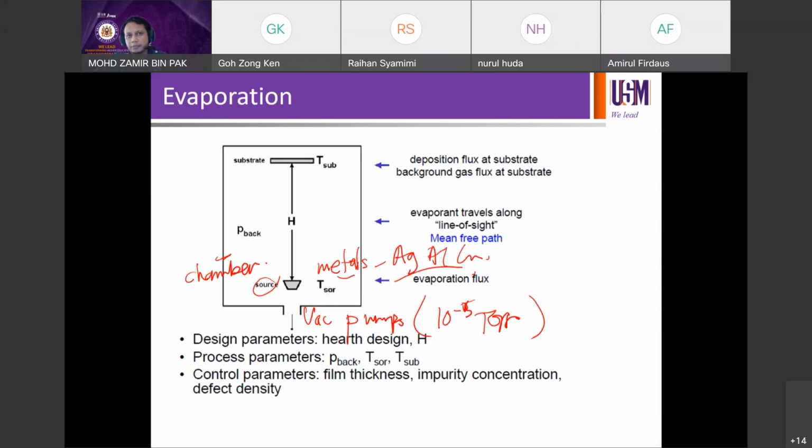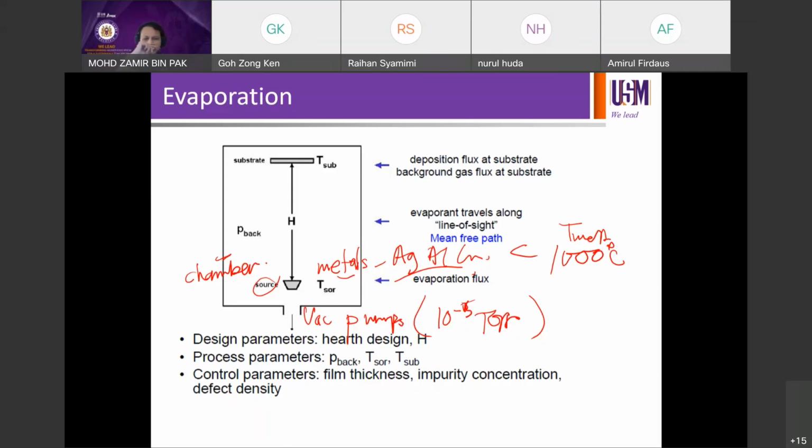Typically those with melting points lower than 1000 degrees Celsius. So typically with a melting point of less than 1000 degrees Celsius, commonly metals, right? So you put your metal into a crucible or tungsten boat.